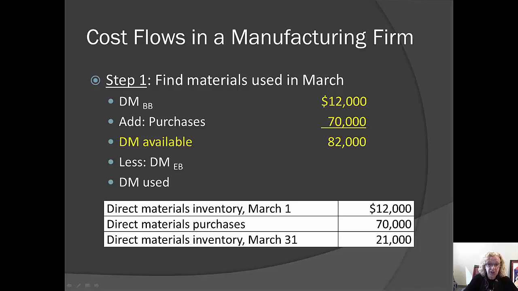So what happened to $82,000 worth of materials? Either it got used or it didn't get used. In this case, we're told that at the end of the period, there was $21,000 of materials that didn't get used. The only way we can explain that is that $61,000 worth of materials must have been used.